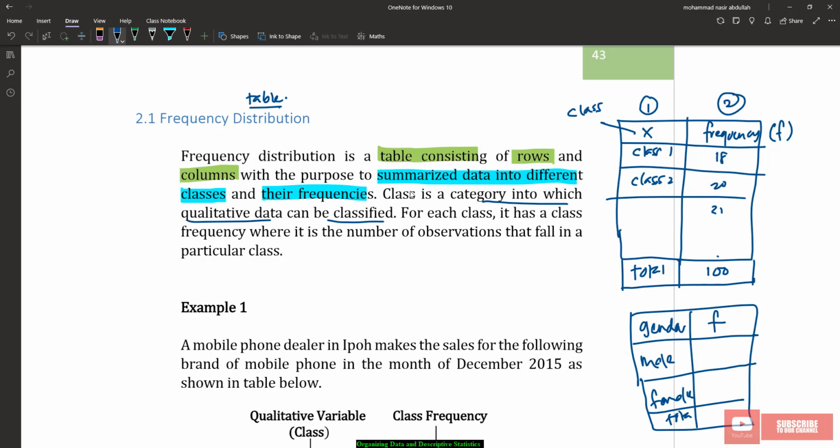Let's say a student in FSKM, we have 500 male, 500 female. The total should be 1000. So this is an example of a frequency table. Alright, I hope you understand the concept of frequency table.